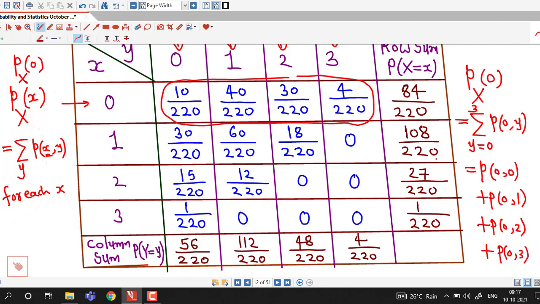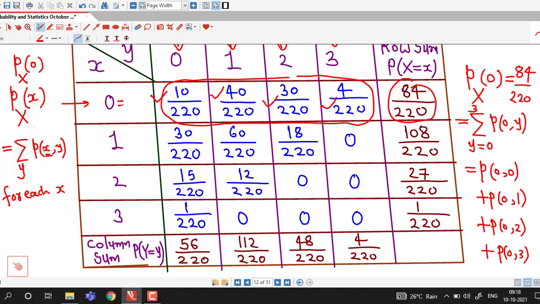That means I am summing the values of joint probability mass function in the first row. So this is p of 0 0, this is p of 0 1, 0 2 and 0 3. If I sum all these values, I will obtain 84 by 220. So that is the value of the marginal distribution of random variable x at x equal to 0.